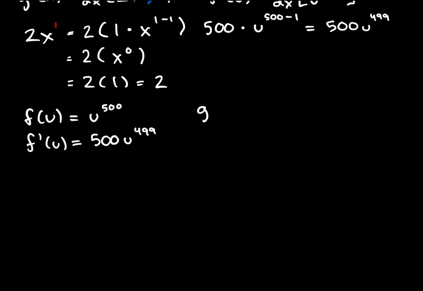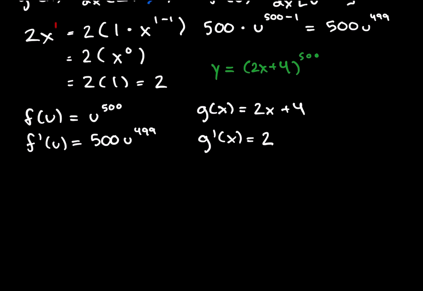Similarly, g of x was 2x plus 4, and we found that g prime of x is equal to just 2. Now, let's plug this into our formula. Also, let's remember that our original equation was y equals 2x plus 4 to the 500th power.